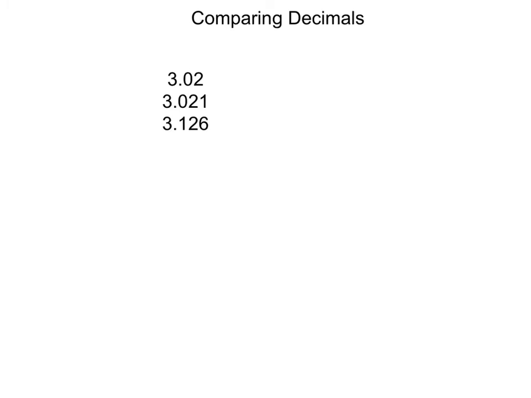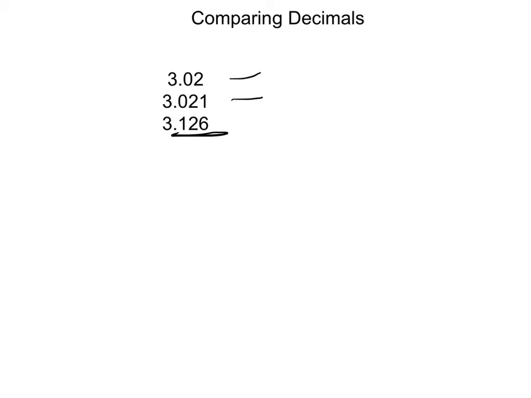What are some tricks we could use to help us out here? If I was just trying to order them from greatest to least, there's more in the tenths place with this one than with the others, and that might help me. But what's another strategy? In class today, we looked at how we can make them equivalent, just like we did with the fractions.